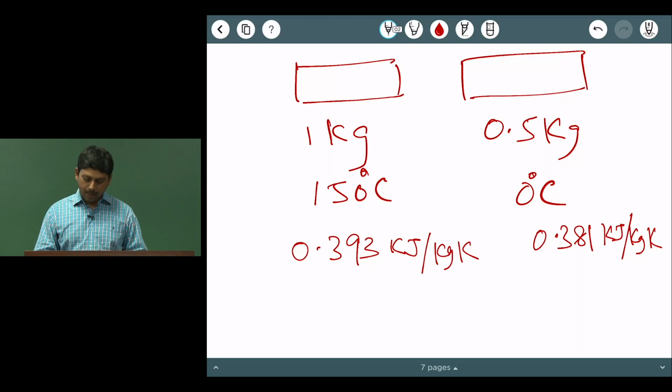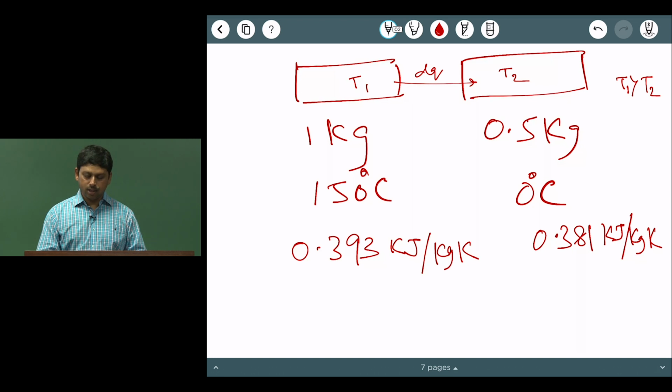Now, you see that it is a simple problem of heat transfer from high temperature to low temperature. So, let us say these are at high temperature T1, and this is at low temperature T2, let us say T1 is greater than T2, and dq amount of heat is transferred from the first block to the second block.